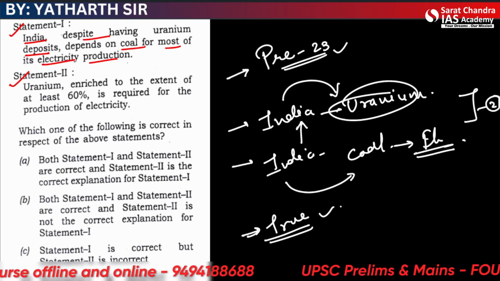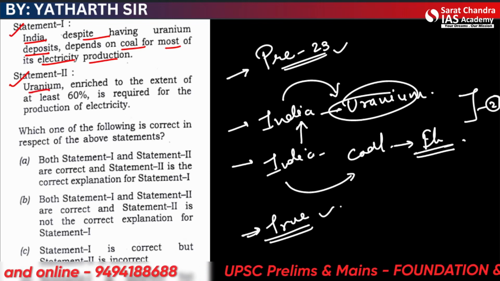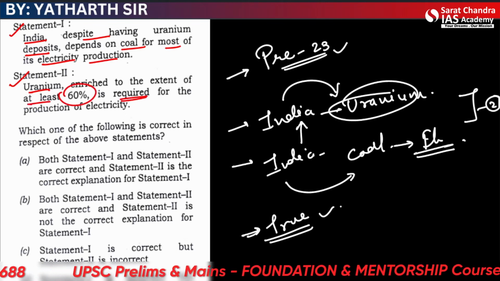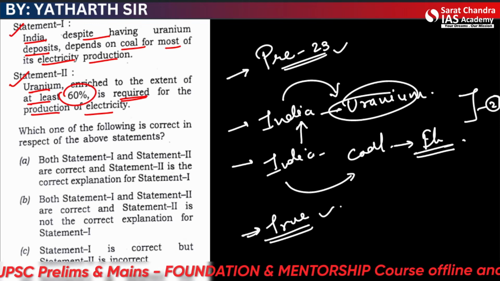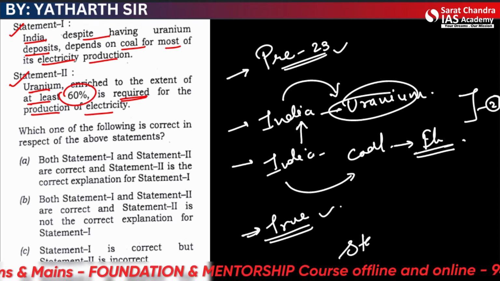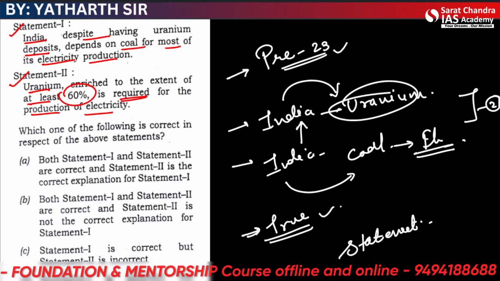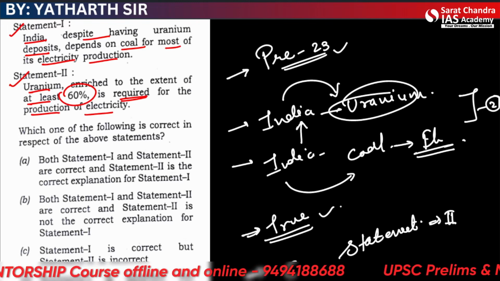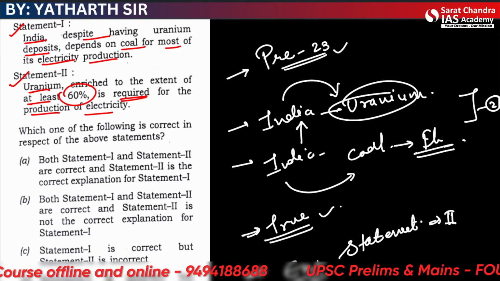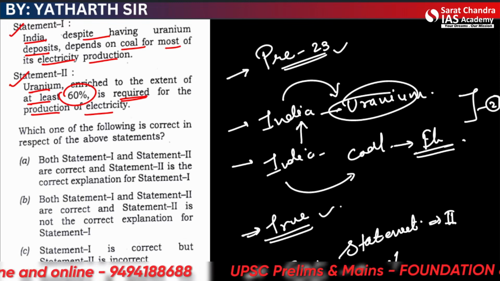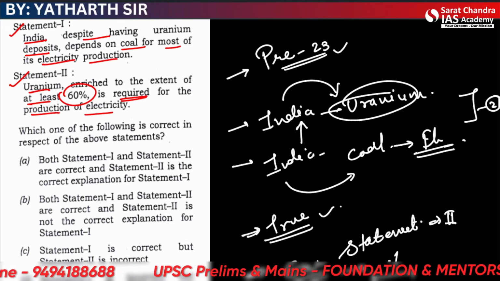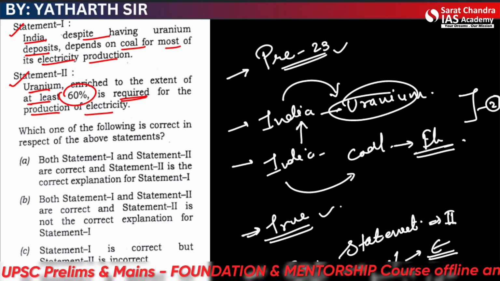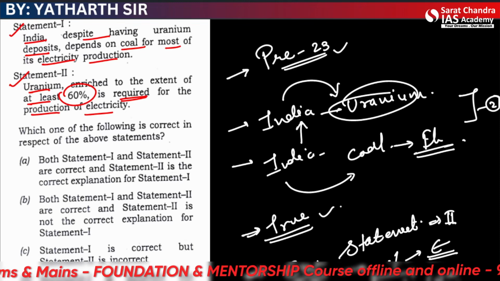The second thing is that uranium enriched to the extent of at least 60% is required for the production of electricity. So this is the second statement. So we need to know what is uranium enrichment. Then we need to be certain about the percentage, that how much is required for electricity production, how much is required for the weapon grade uranium, and what is enrichment.